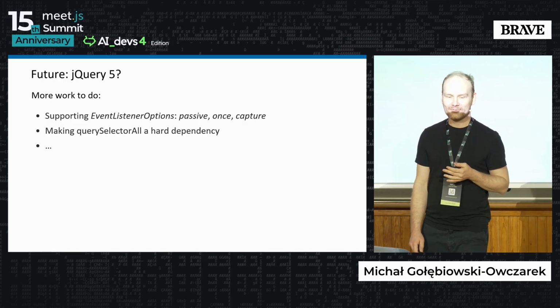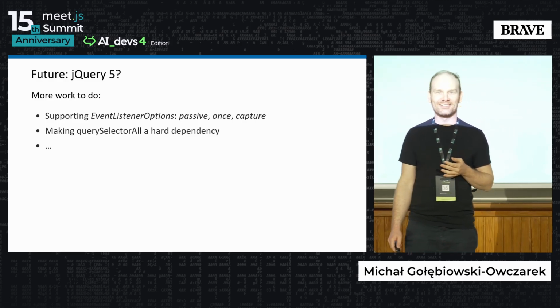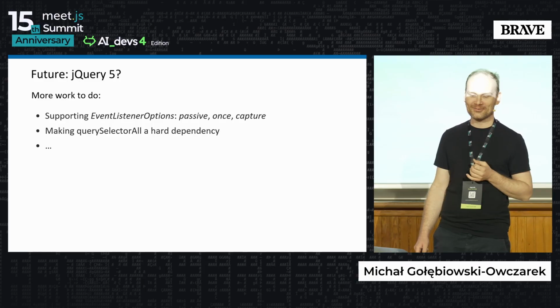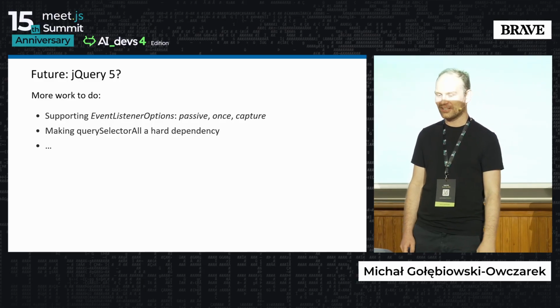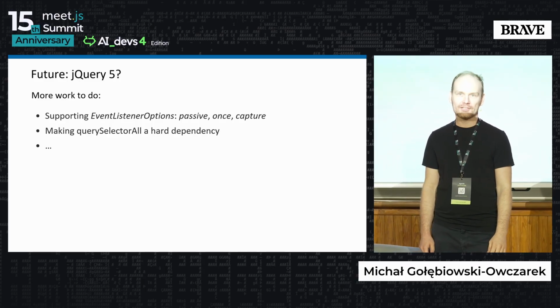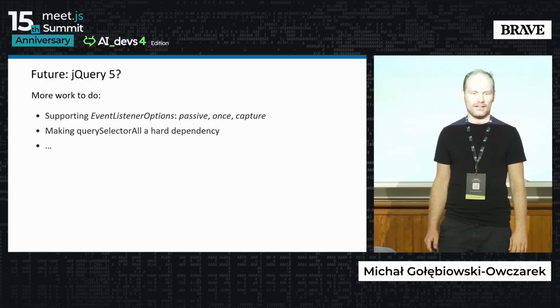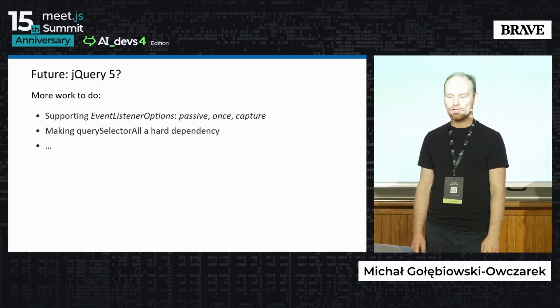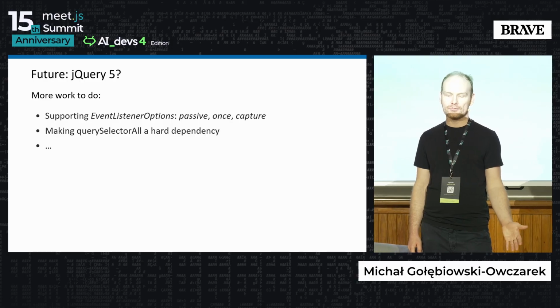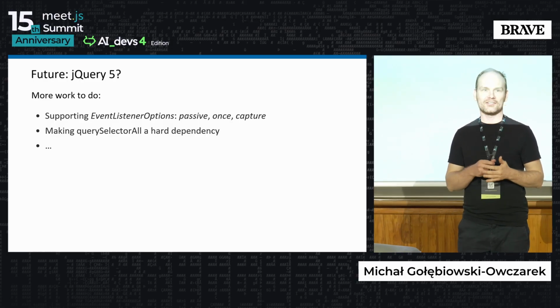So we talked about jQuery 4, so now jQuery 5. Let's look into the future, and why we would release another breaking change. Historically, because of some browser quirks, especially in IE, jQuery was doing more. In the event module, to work around browser bugs, jQuery attaches a single event handler.